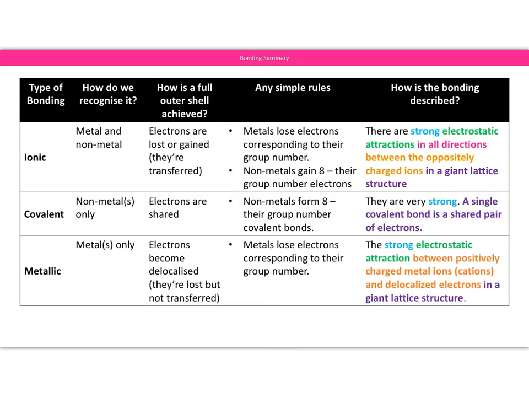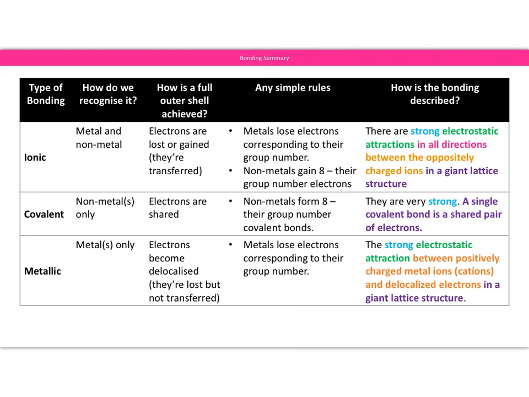So ionic bonding, we can recognise whether a substance has it or not if we have a metal and non-metal in our, well, it will be a compound, right? How do those metals and non-metals achieve a full outer shell? Well, electrons are lost or they're gained. So there's a transfer of electrons. Any simple rules, right?